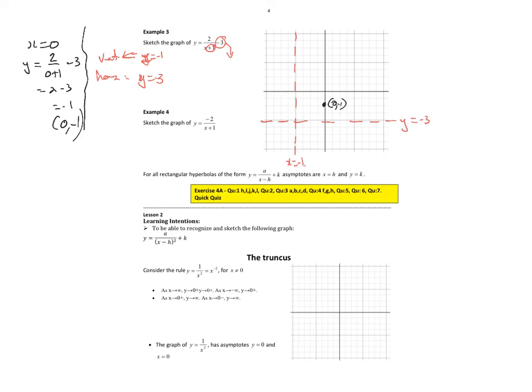which means straight away I've got an x-intercept there somewhere. So if I put y equal to 0, I get 0 equals 2 over x plus 1 minus 3. Bring the 3 across. 2 over x plus 1. Multiply it up.